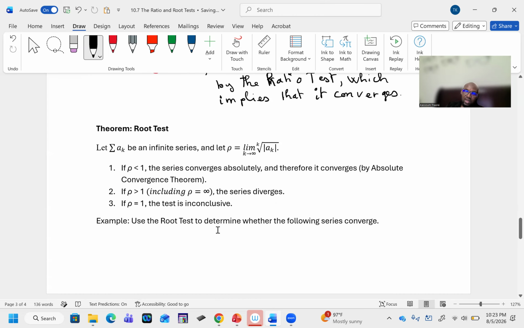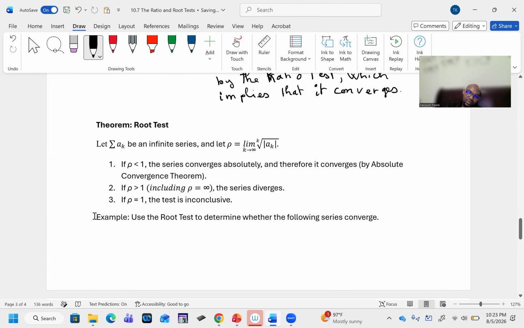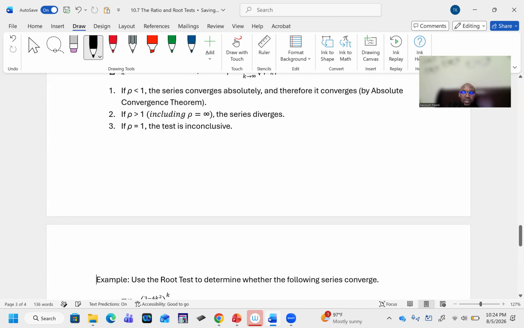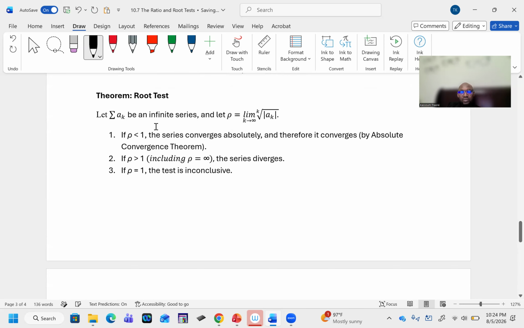And that's it for the ratio test. So now let's talk about the root test. Let the sum of a sub k be an infinite series, and let rho be equal to, rho is a Greek notation, so if you want you can call it p, it's just a notation.